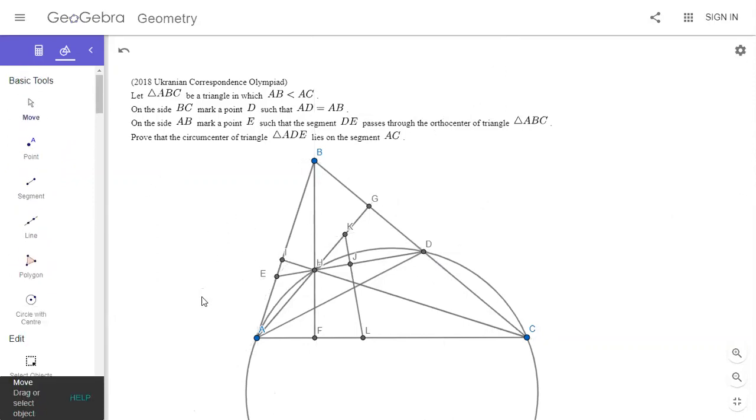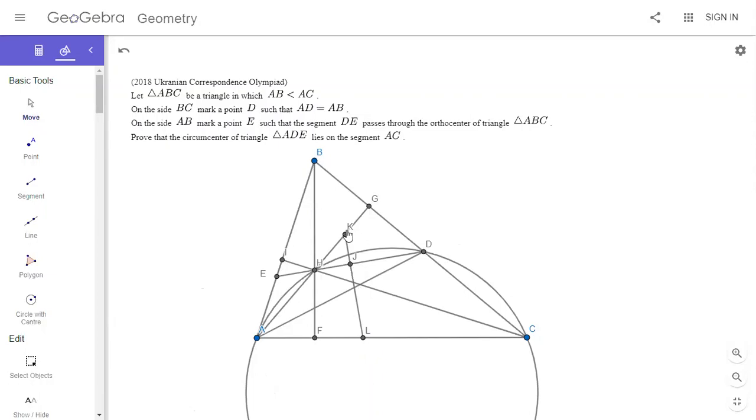I think it's the way I'm defining things. My figure made it look like we knew L lies on the circle, but we don't know L lies on the circle. We have to prove it.